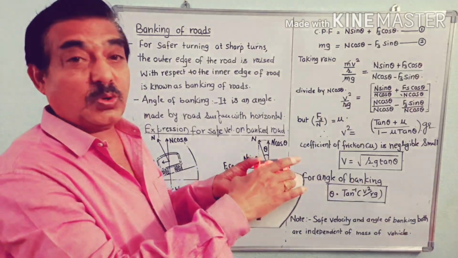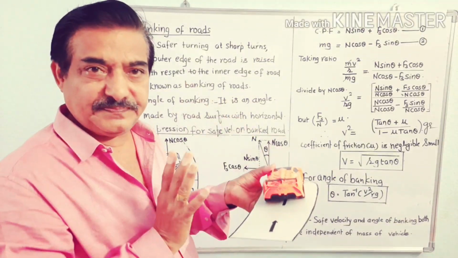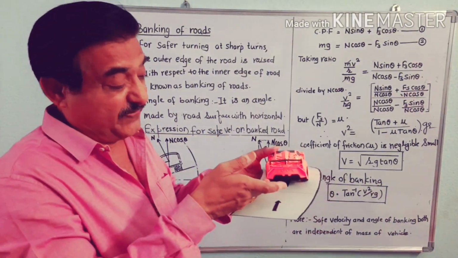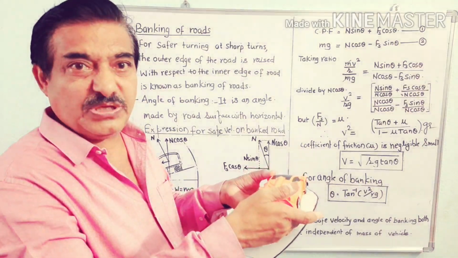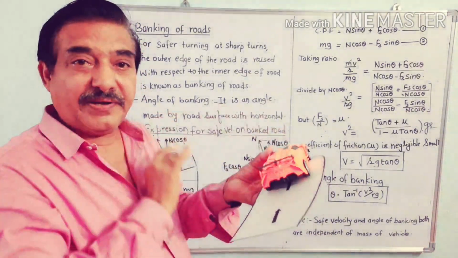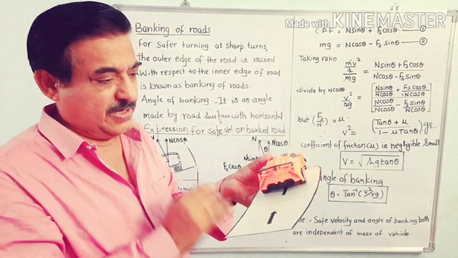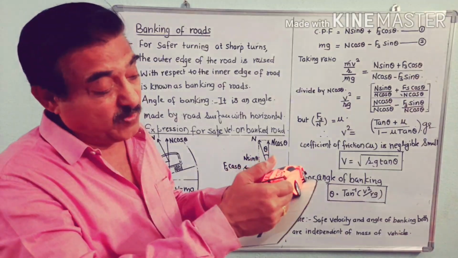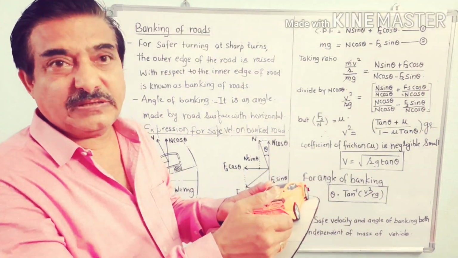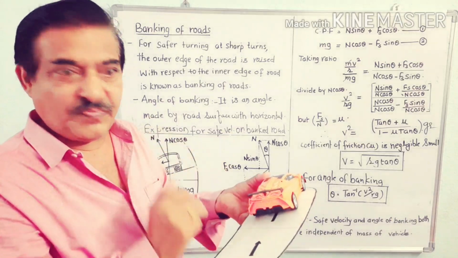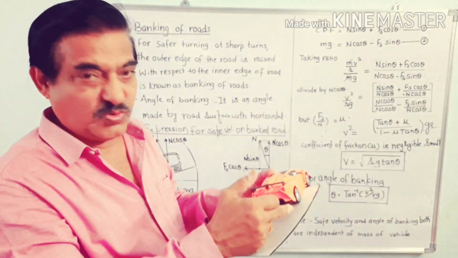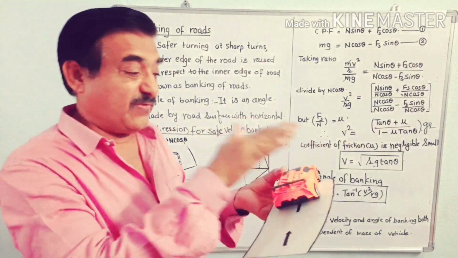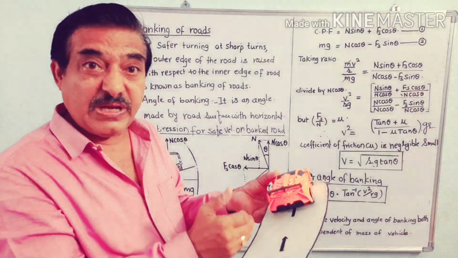Let us suppose the load of this vehicle is 1 ton. Normally, on a plain horizontal curved road, half a ton is on this wheel, half a ton is on this wheel. If the road is banked, what happens? 0.75 ton is on this side and 0.25 ton is on this side. Net weight of the vehicle is 1 ton. It means in the case of a banked road, the load is shifted onto the inner wheel.